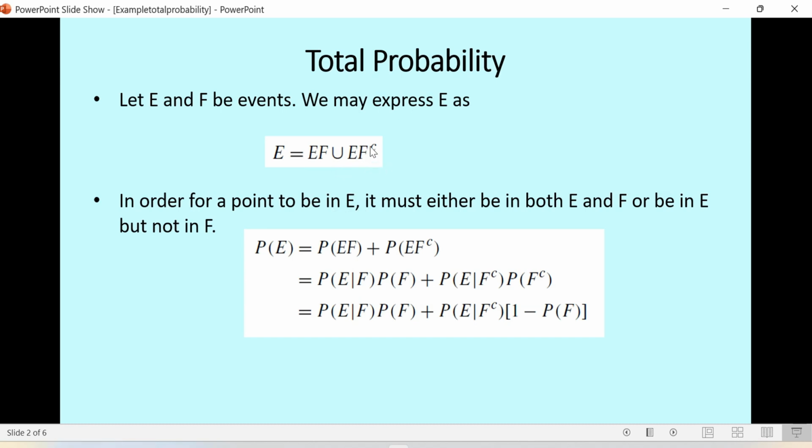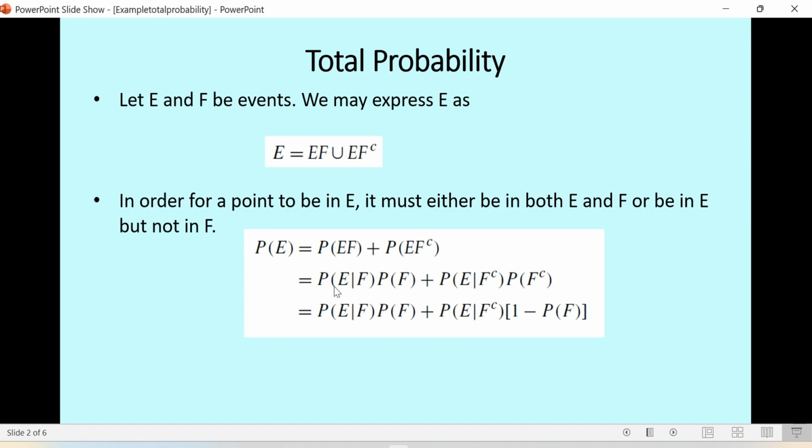F^c is the complement of F. So this is the union. If you want to know E, then we can get the information from EF plus the information of EF^c. And EF means both E and F occur.